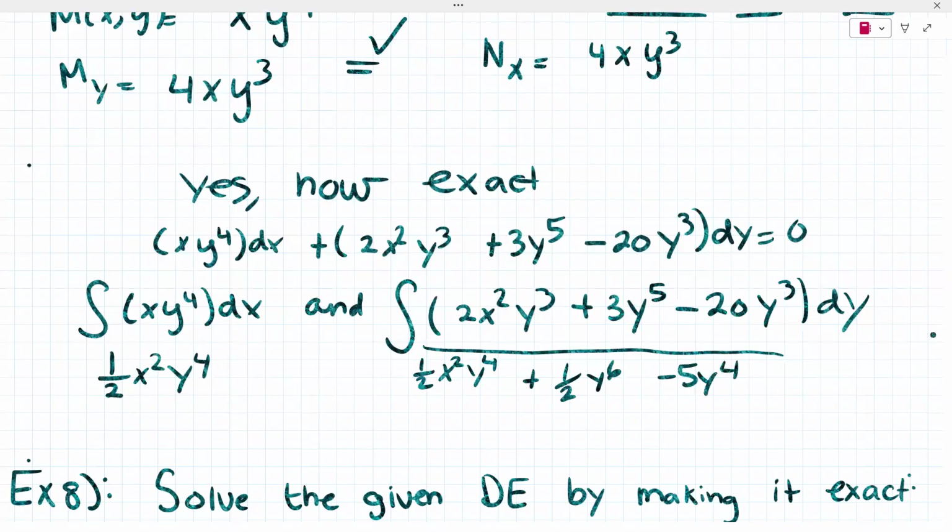So your final answer, you have a repeating of this whole thing. So that's going to be 1/2 x squared y to the fourth plus 1/2 y to the sixth minus 5y to the fourth equals c.